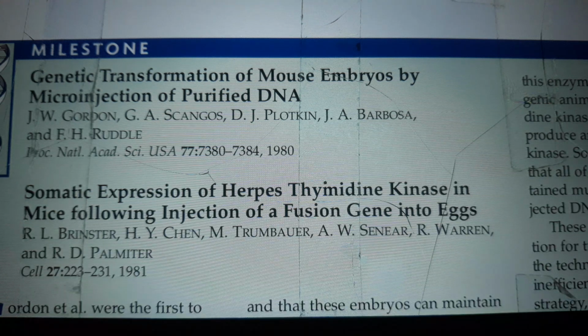And the other topic as well is somatic expression of herpes thymidine kinase in mice following injection of a fusion gene into eggs. Here again, courtesy to Ralph Brinster, H. Y. Chen, M. Trumbauer, and colleagues.